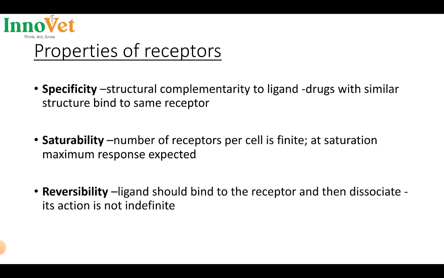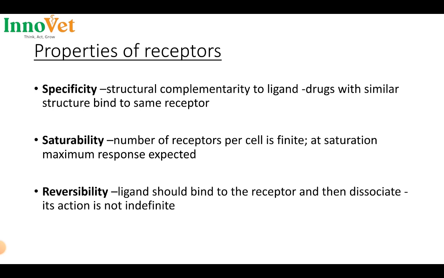So a specific receptor is specific to a given ligand structurally. The ligand will have its structural configuration that is specific to bind to a specific receptor. And they're telling us that drugs with similar structure tend to bind to the same receptor because they have the same structural configuration.